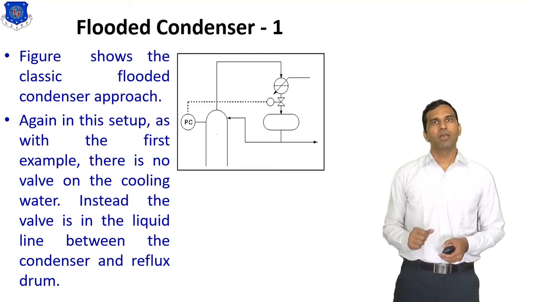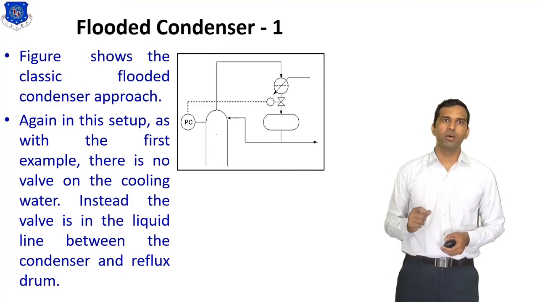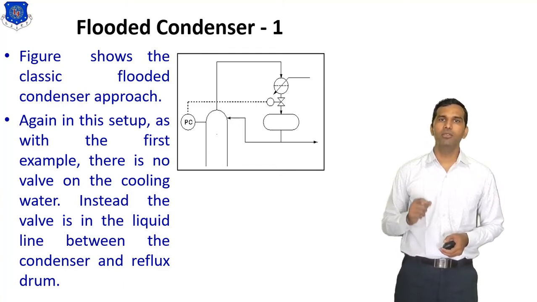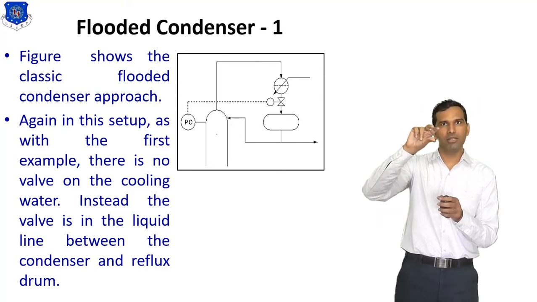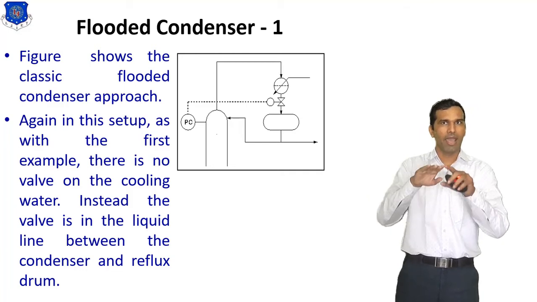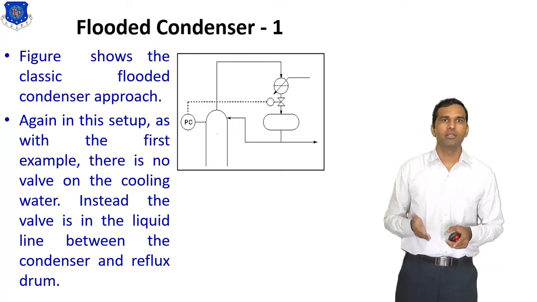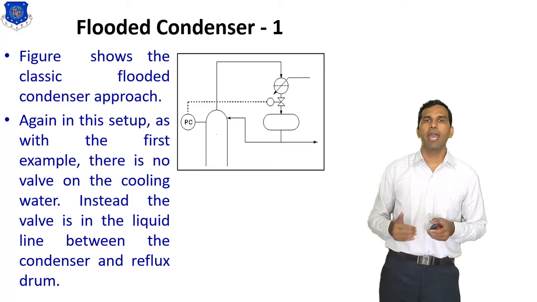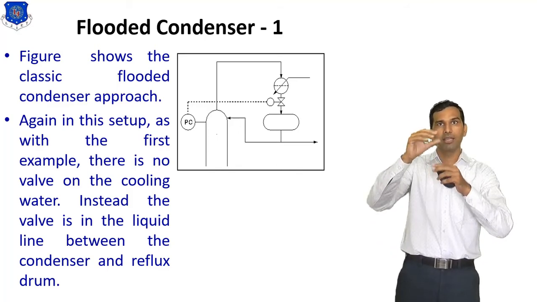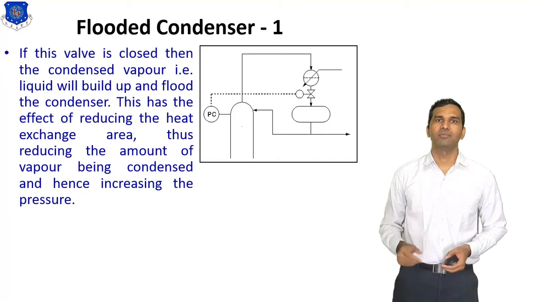So here we do not use the valve on the cooling water, but we use the valve between the condenser, that means in the round shape this is the condenser, and in the big shape you can see this is the reflux drum or the accumulator, and between them we use one valve.